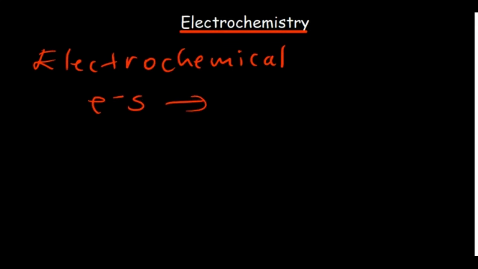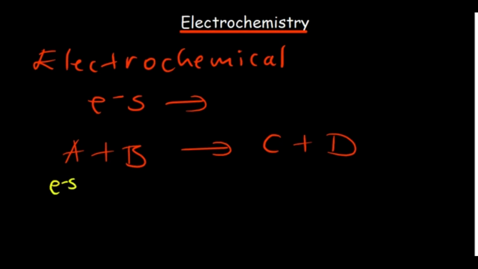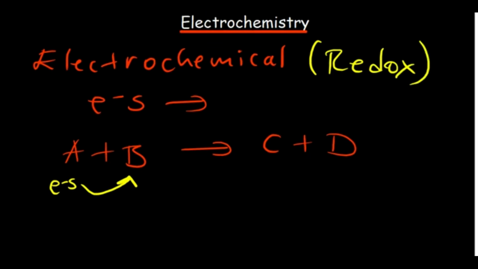Take an assumption where you have A reacting with B to give you C and D. Where you have electrons being transferred from A to B, that is what we're calling an electrochemical reaction. This is a redox reaction, which involves oxidation and what? Reduction.